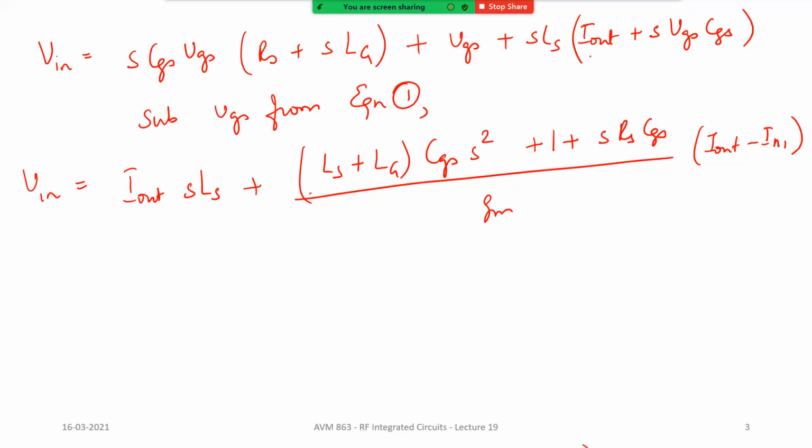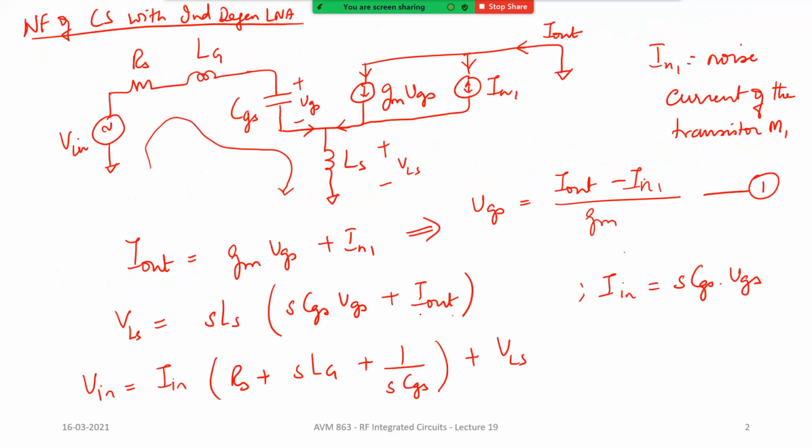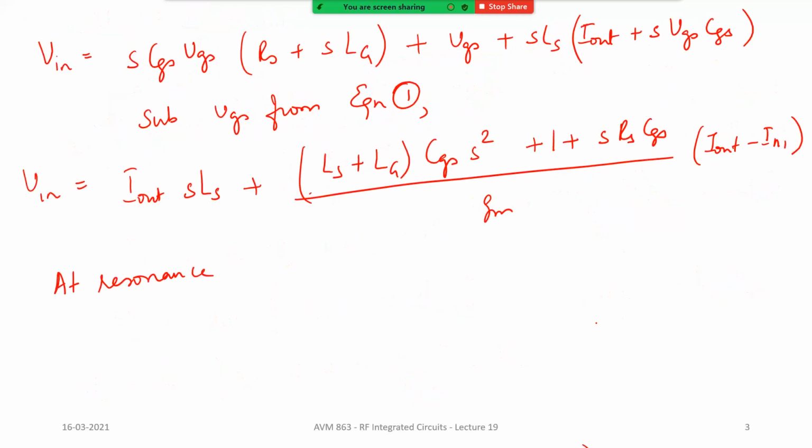Now, looking at this term, first let us look at resonance. At resonance, what is the condition? What is the condition for resonance? That this Lg plus Ls tunes out CGS, correct? In other words, omega naught squared is given by 1 by Lg plus Ls into CGS. Okay.